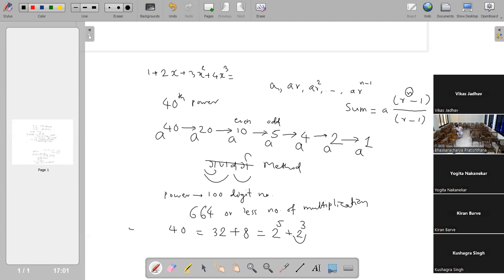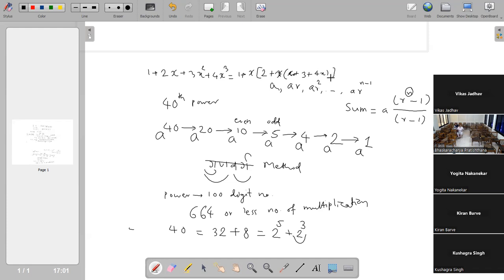Then what you do is 1 plus x into (2 plus x into (3 plus 4x)).